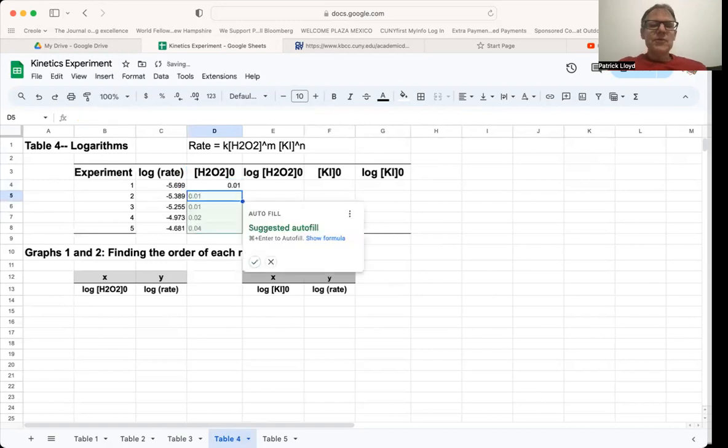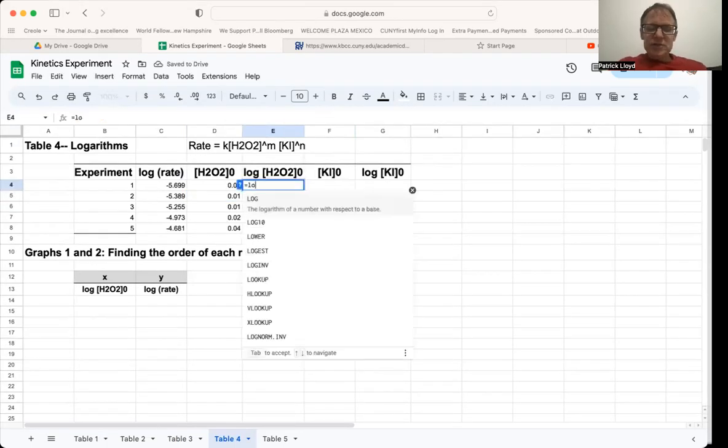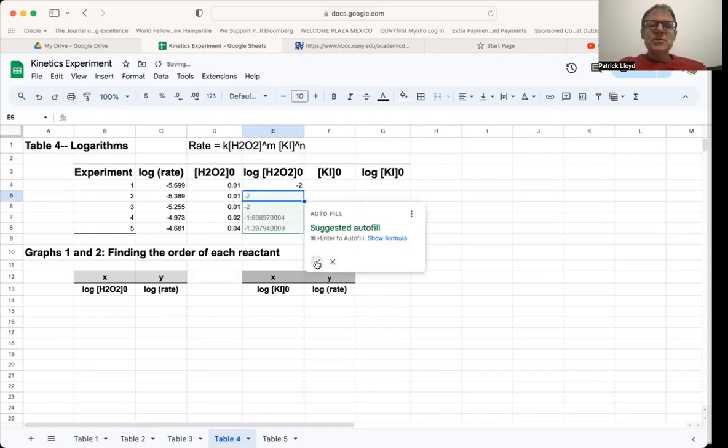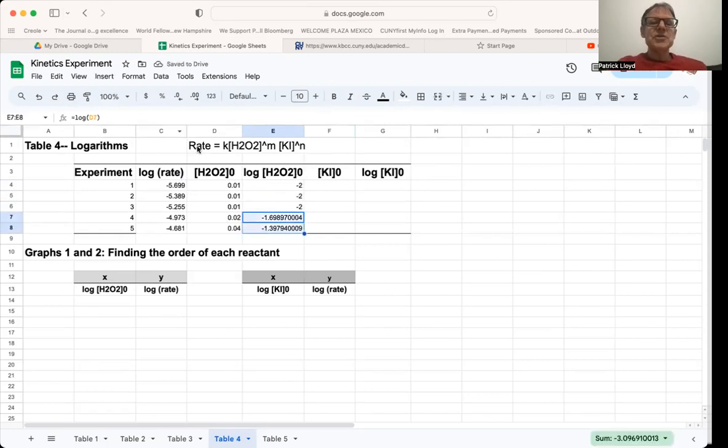Yep, there's our initial concentrations. I'm going to do the log, so equal sign, log, parentheses, close the parentheses and then fill that down. Again, you don't need to have so many digits here, so I'm going to back it off a little bit.